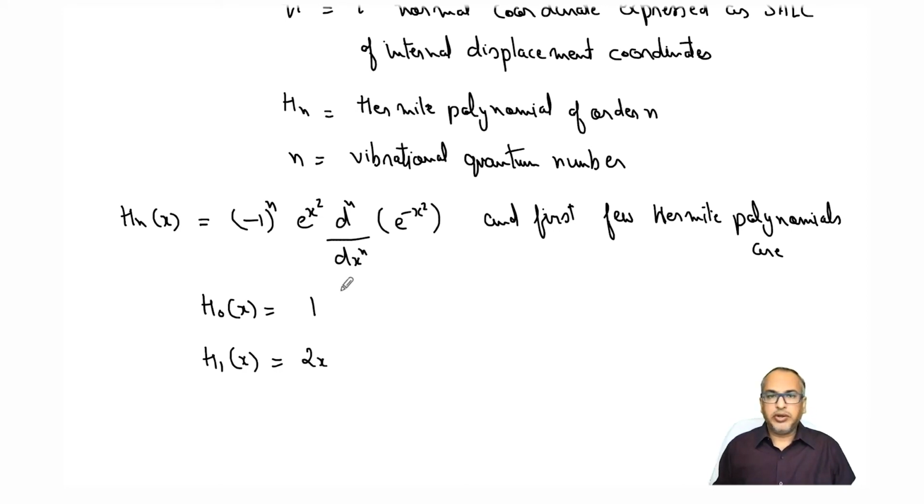You can calculate it yourself, it is easy. I'm just giving you the first few so that we don't need to calculate every time. Then H2 of x is 4x square minus 2, H3 of x is 8x cube minus 12x.